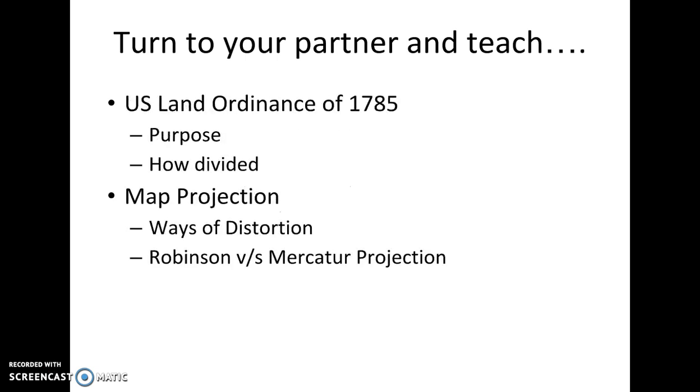Next is the U.S. Land Ordinance of 1785. The purpose of this was so that the United States government in the late 1700s, during major times of settlement in the West, instead of people just going and claiming land for themselves and the government having no way of knowing who owned what, created this law called the U.S. Land Ordinance of 1785 to divide up the earth's surface into a series of plots and parcels.